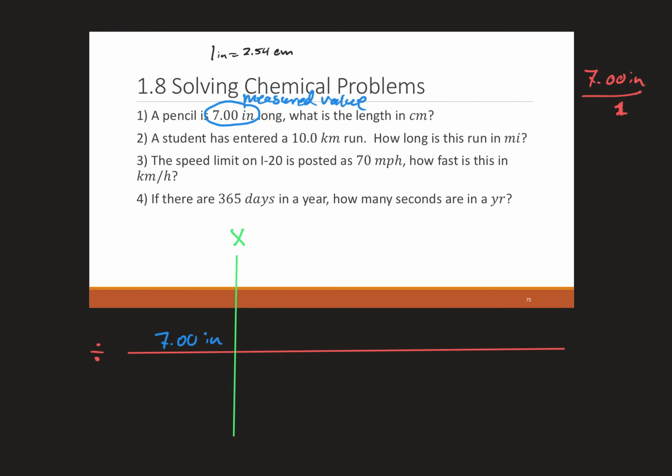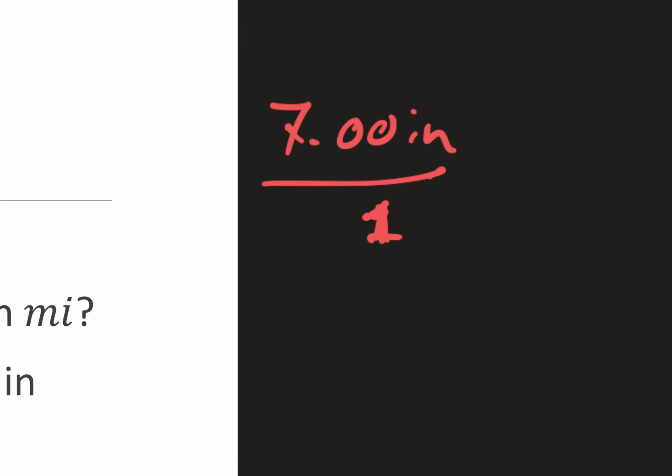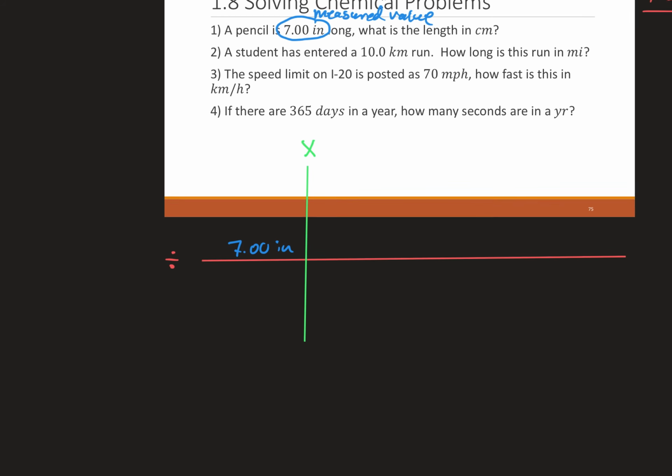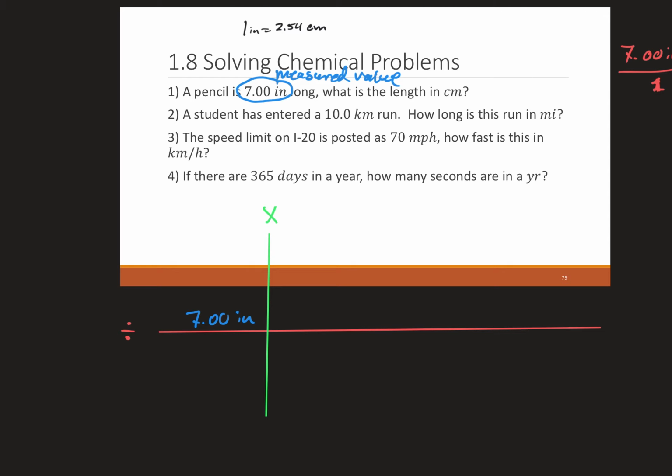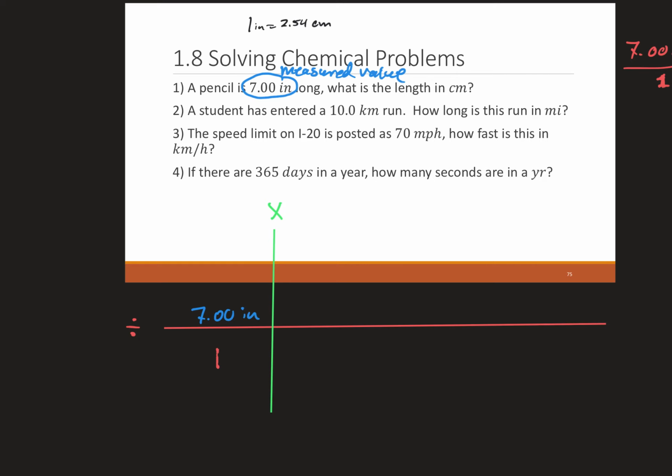If you're going from words to expression in numbers, the fraction bar could be read as the word per or over. Because it just says 7 inches long, we don't need to put anything down here. But I want you to remember that it is like 1. When you're multiplying, as we'll see from left to right, multiplying by 1 doesn't change anything.